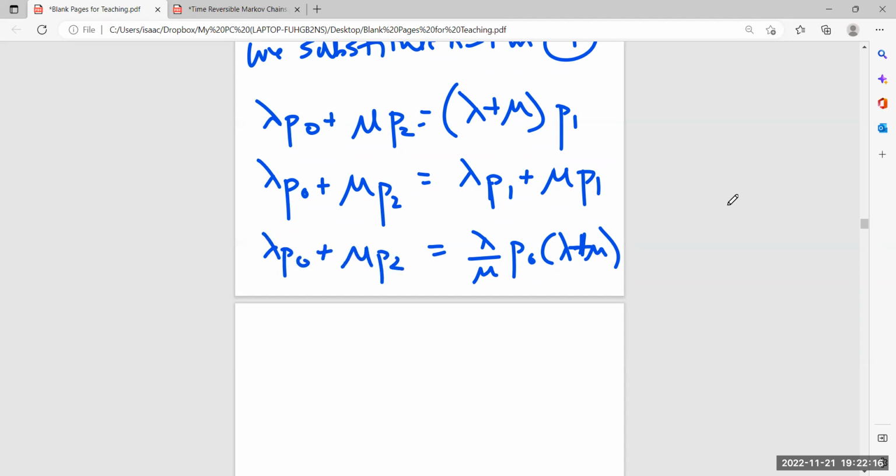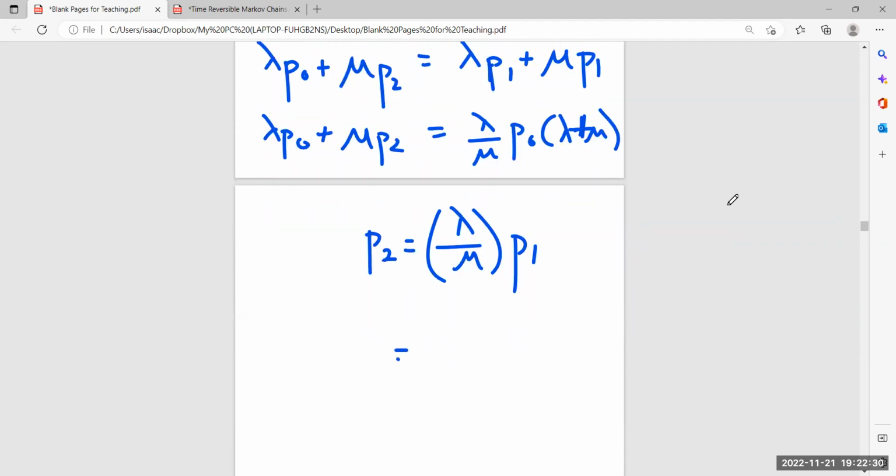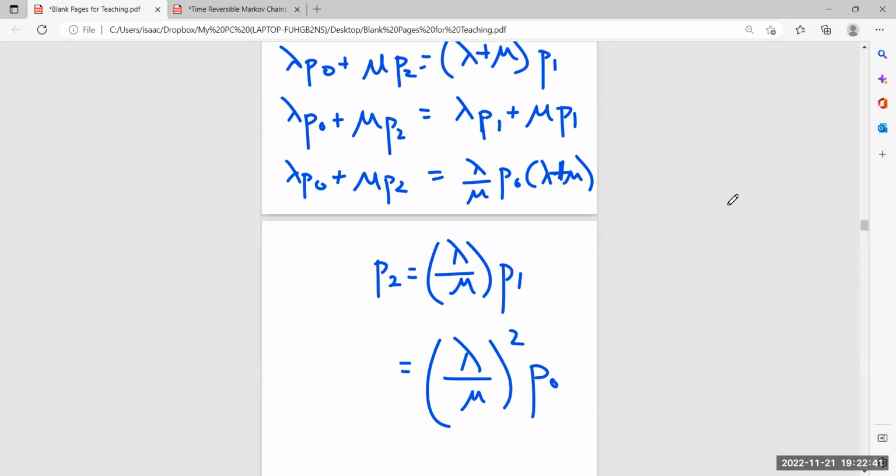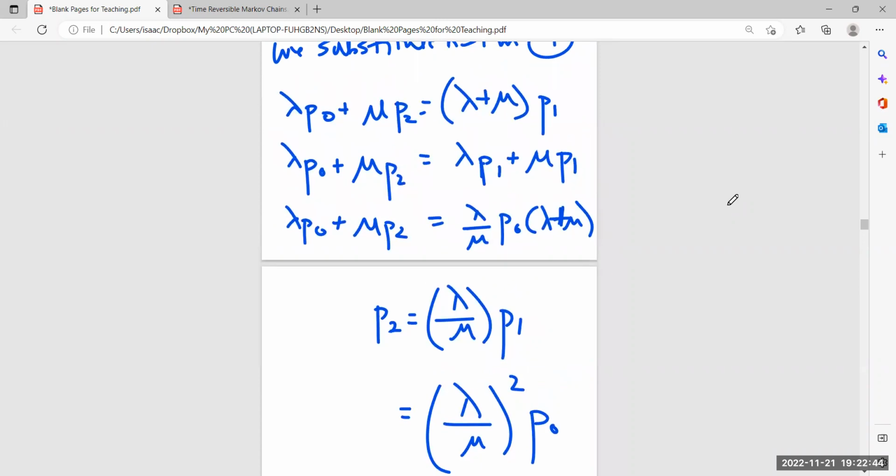And if you make P2 the subject of the formula, you'll get this. So you have to simplify it a little bit, right? And you could work out these things.